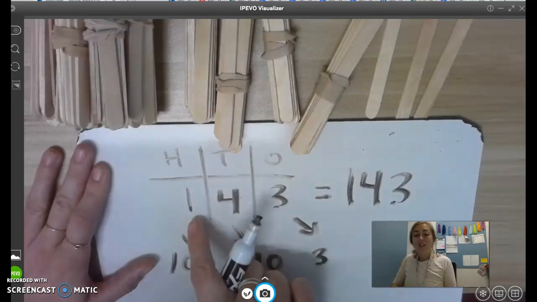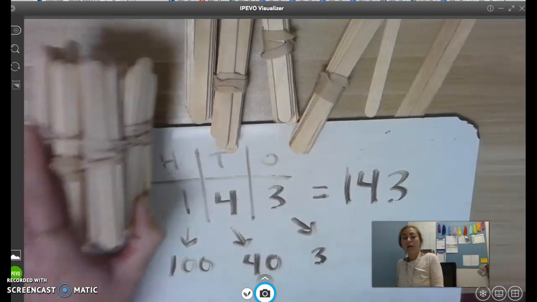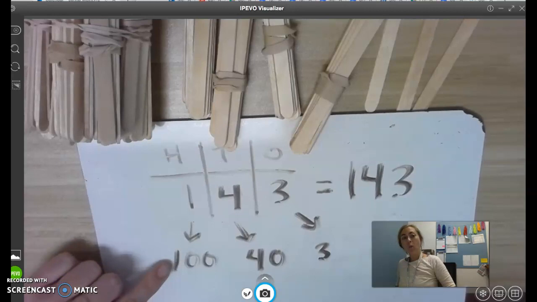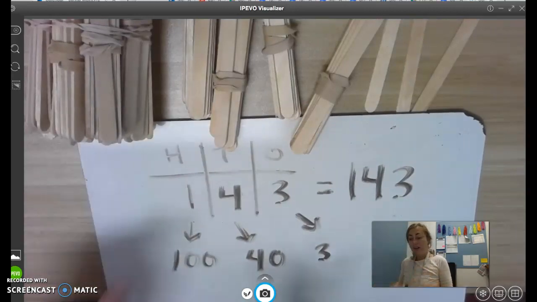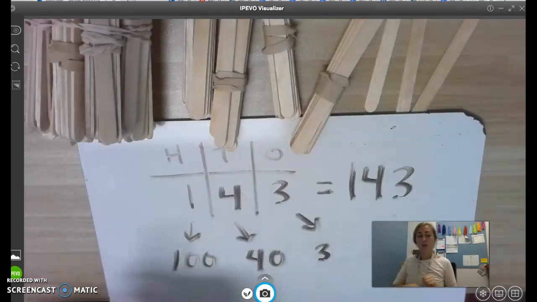Each of these digits represents the value of the popsicle sticks. So my 1 in the hundreds place represents 100. If I had 2 hundreds, then I would put a digit 2 in the hundreds place, and that would represent 200.